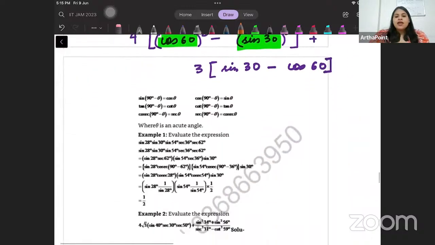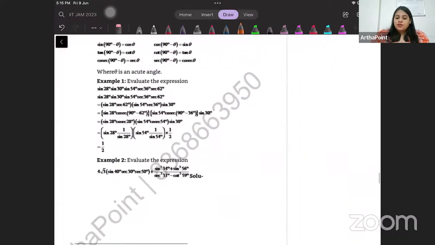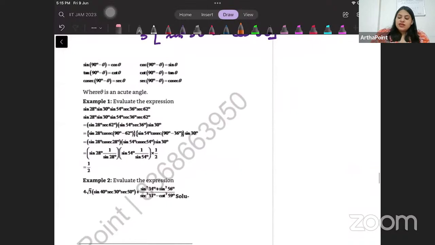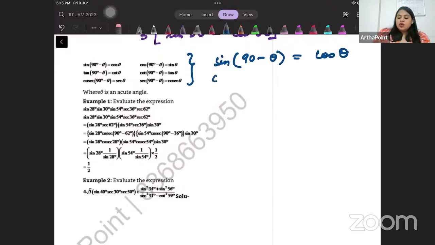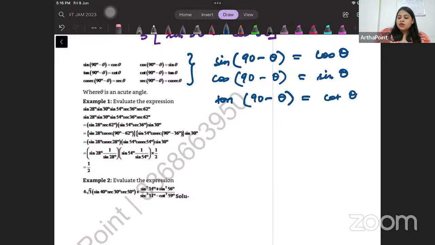Right? Now come to the next question. These are some of the other identities that you should remember. Beta, sine 90 minus theta is cos theta. Cos 90 minus theta is sine theta. Tan 90 minus theta is cot theta.